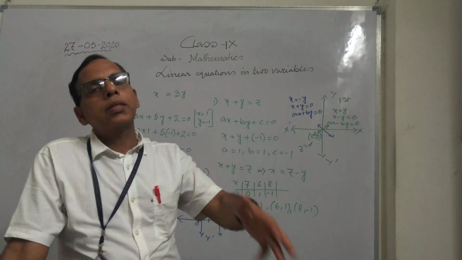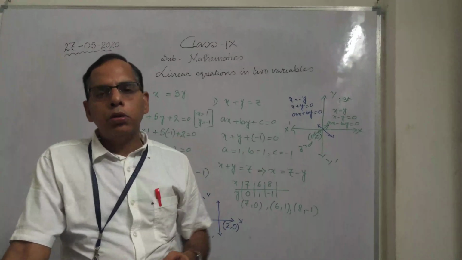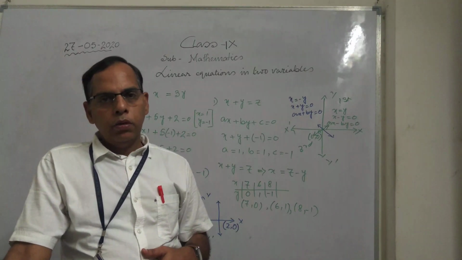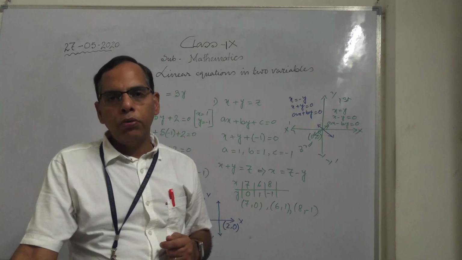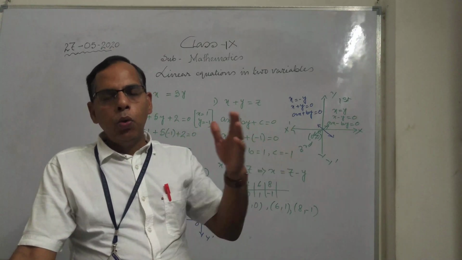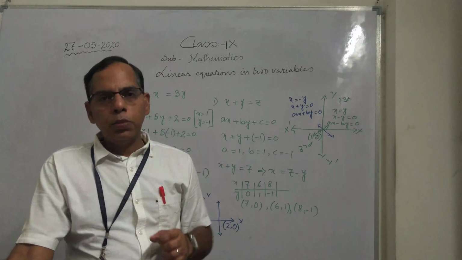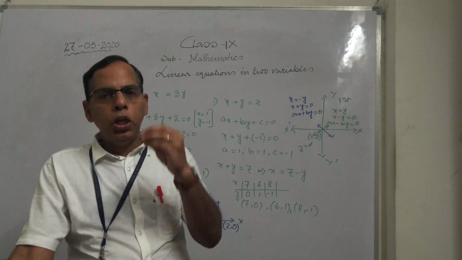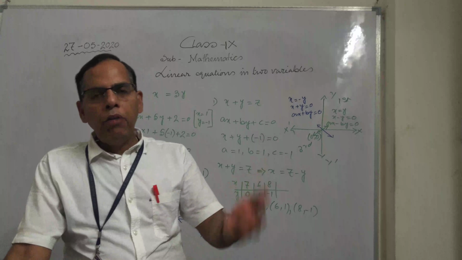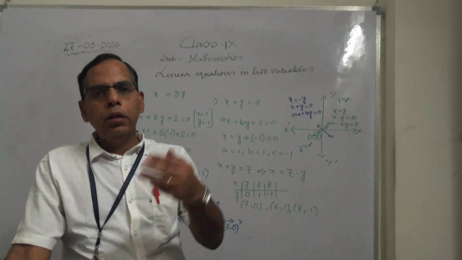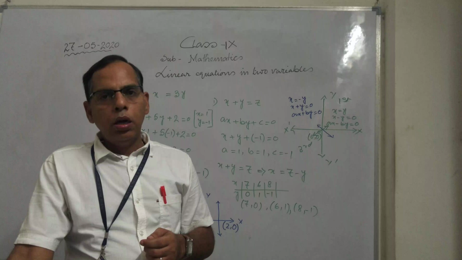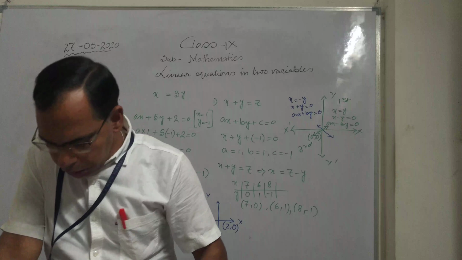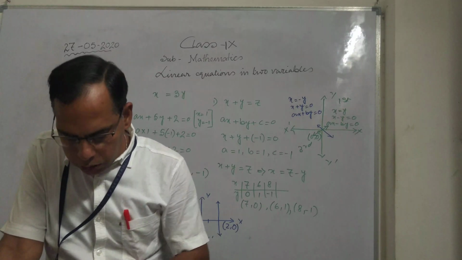They will give the statement and ask you to formulate the linear equation in two variable, and then they may ask you to draw the graph as well. Like exercise 4.3, you have seen the work done and the distance, displacement. They ask you to formulate the equation and also draw the graph, and from the graph you have to find out how much distance will be covered for 2 unit and 0 unit of work done. Okay, so let us discuss a few questions.